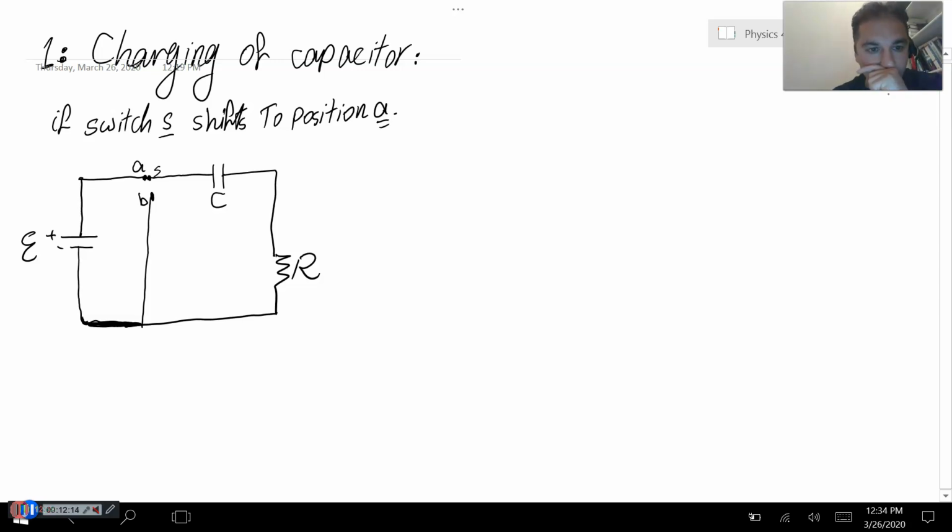Now, I am charging the capacitor, correct? Therefore, I use Kirchhoff's second rule, which says the total voltage in one closed circuit is 0.